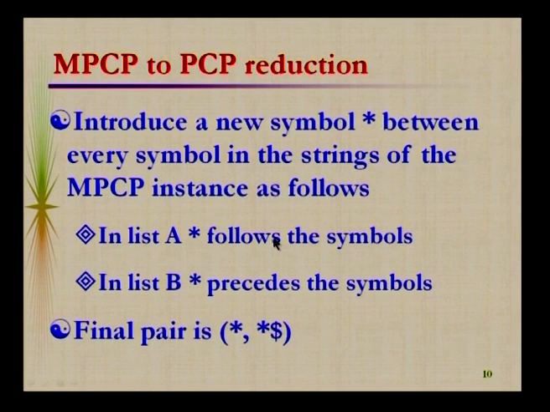So, this is about MPCP, where the difference is that we must start with the first corresponding pair, which is not a restriction as far as PCP is concerned. Now the question is how this MPCP gets reduced into PCP.